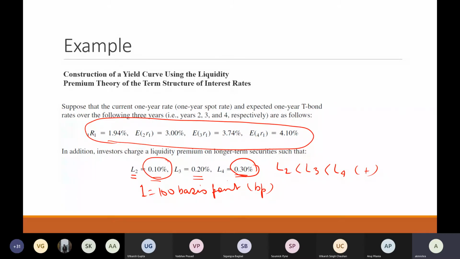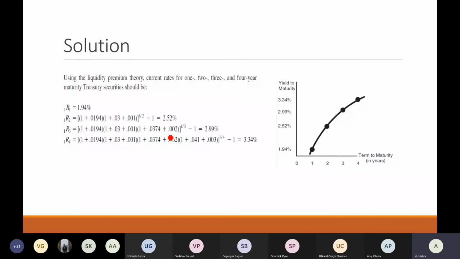So using this information, we calculate exactly the same way. The only difference here is you have the L2 component, the L3 component and the L4 component. So when we calculate, these are the returns.